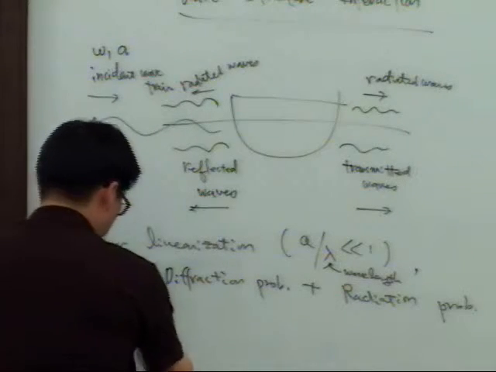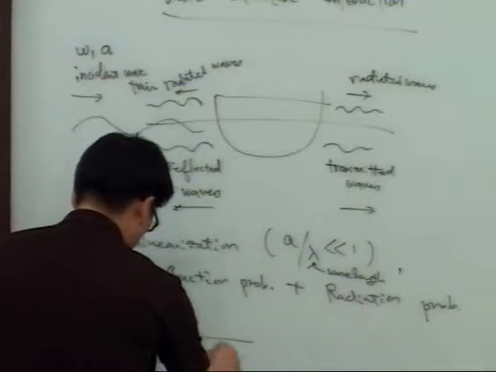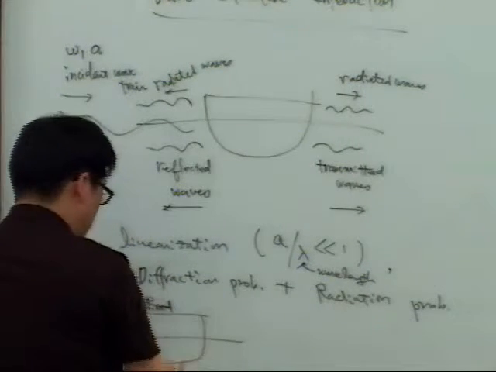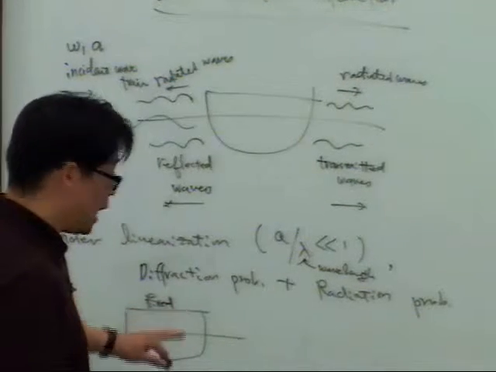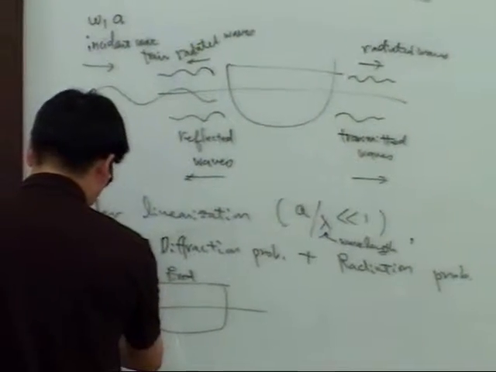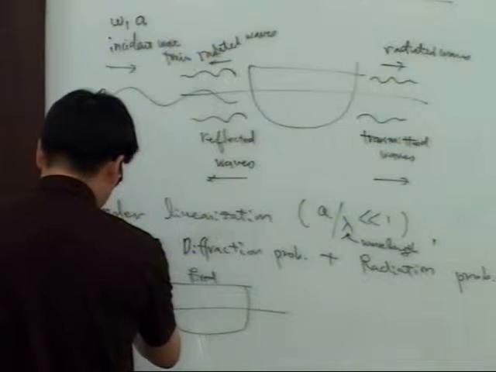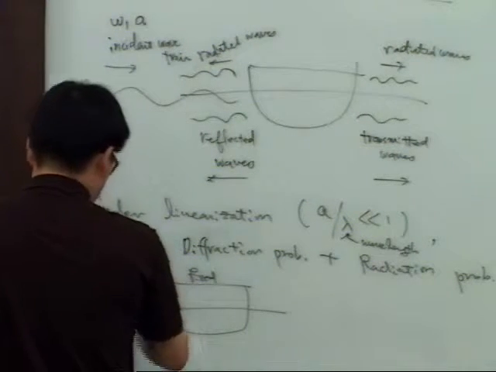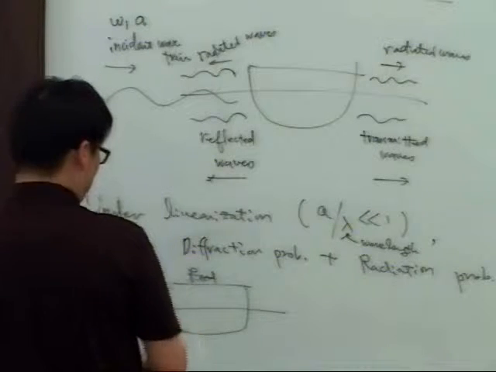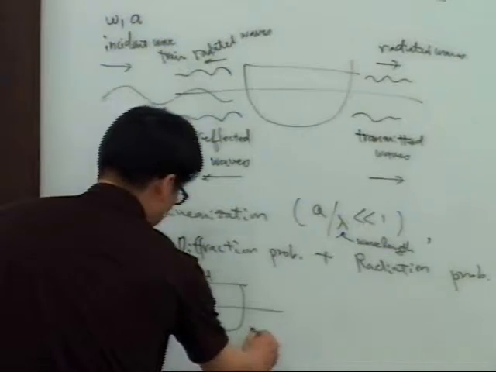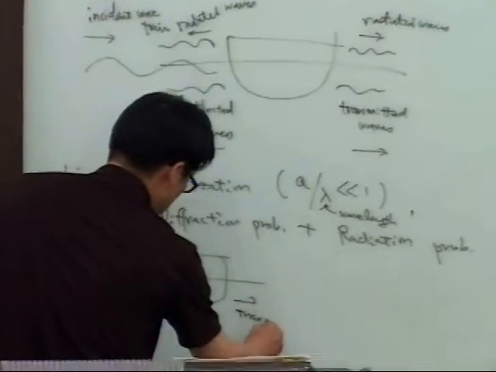The diffraction problem is the problem with a fixed body. So you assume the body is fixed, you hold the body, and then you have incident waves. And then you have reflected and transmitted waves.